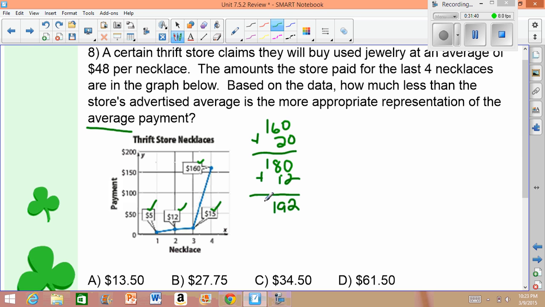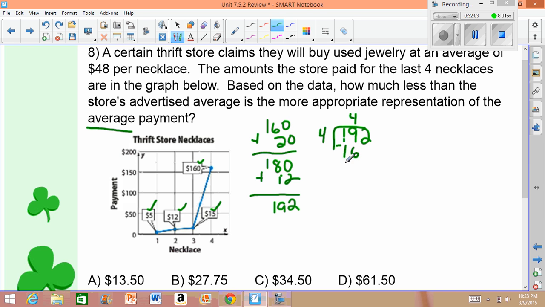But remember, we want the average. So we're going to take 192 and we're going to divide by 4. Well, I know that 4 does not go into 1, but it goes into 19 4 times. 4 times 4 is 16.